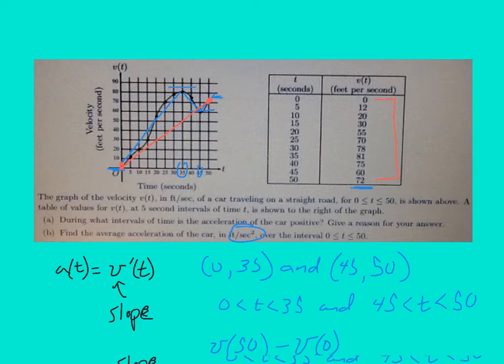So the chart says at 50 we're at 72, and at 0 we're at 0. And that whole thing is divided by 50. So if I punch that into my calculator, 72 divided by 50, I'm going to get 1.44, and they gave us the units, but don't forget to put them here as well. I'm going to say feet per second squared. So there's our average acceleration.